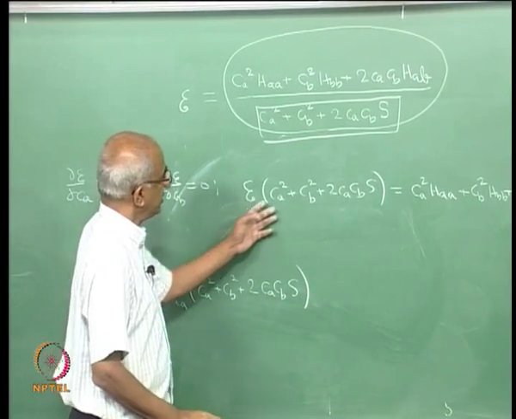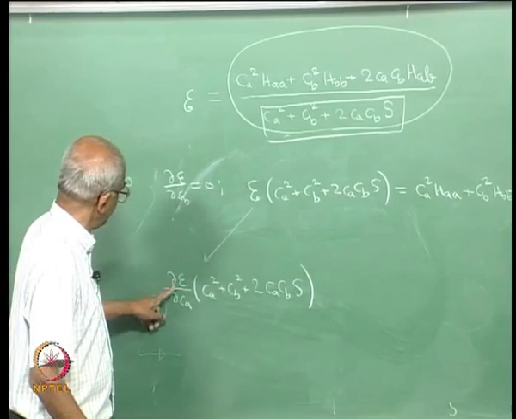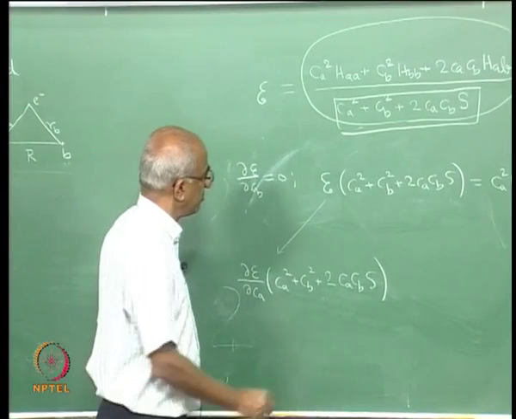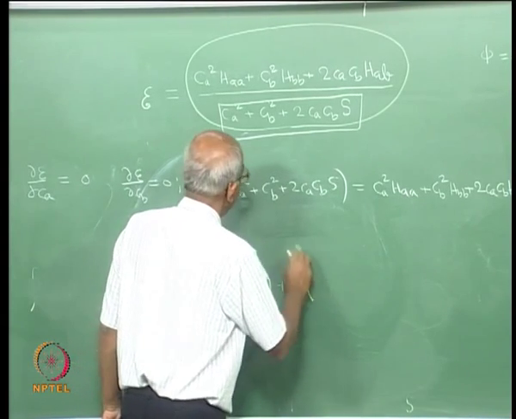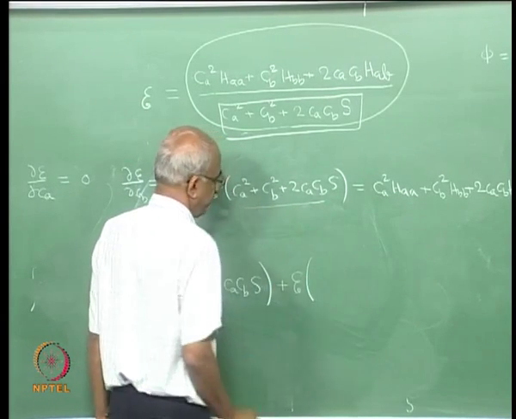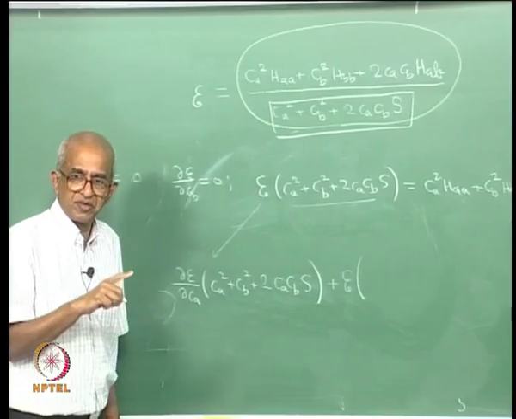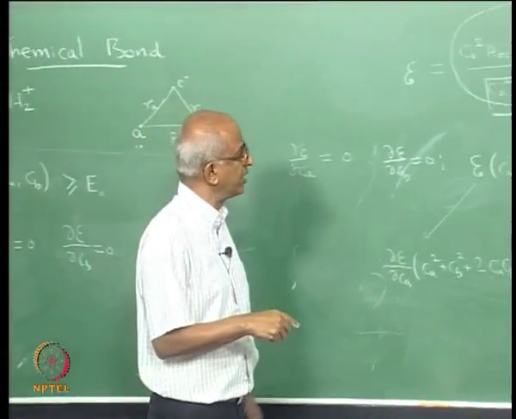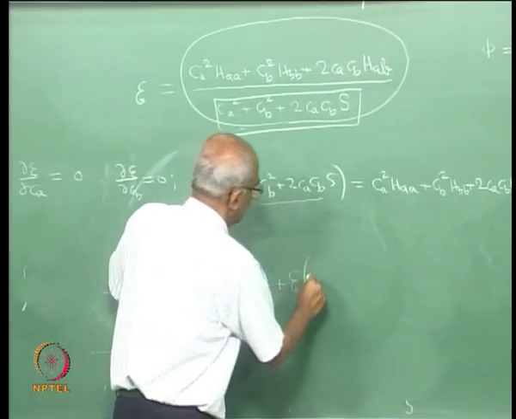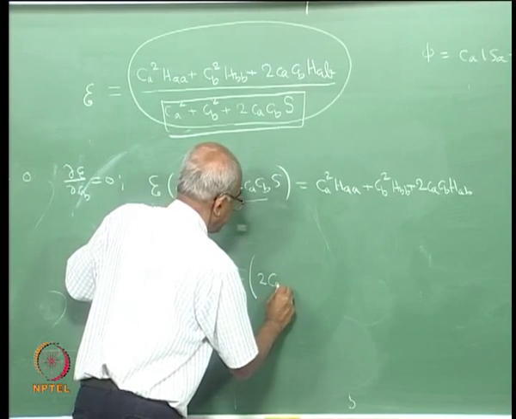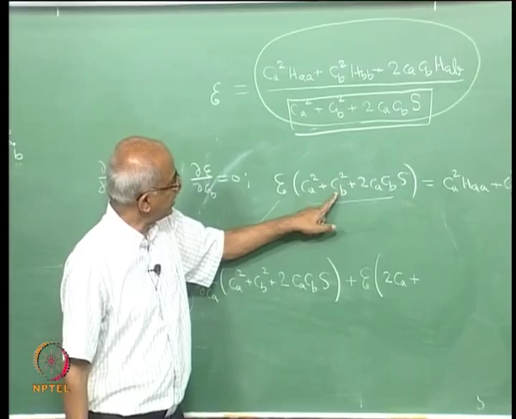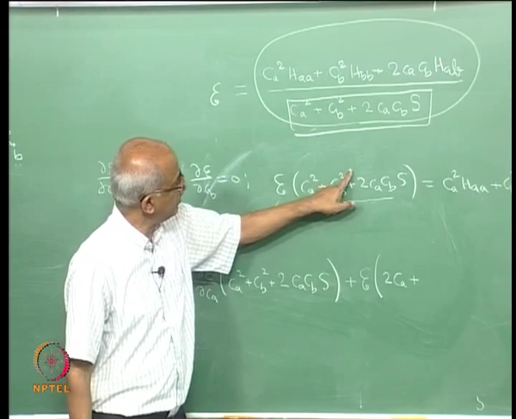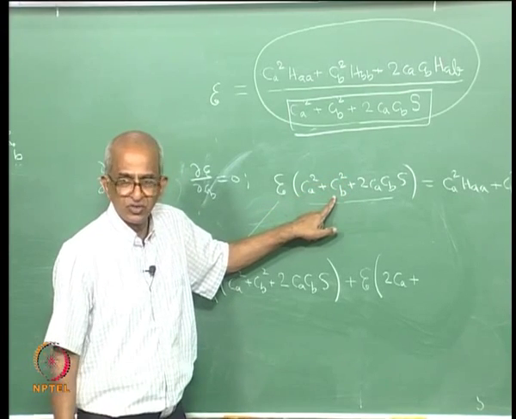If you differentiated the left hand side, you will get derivative of script E with respect to CA plus script E into the derivative of this term with respect to CA. Remember, I am differentiating partially with respect to CA. So, the derivative of this term will be 2 times CA. And the derivative of this term will be equal to 0.